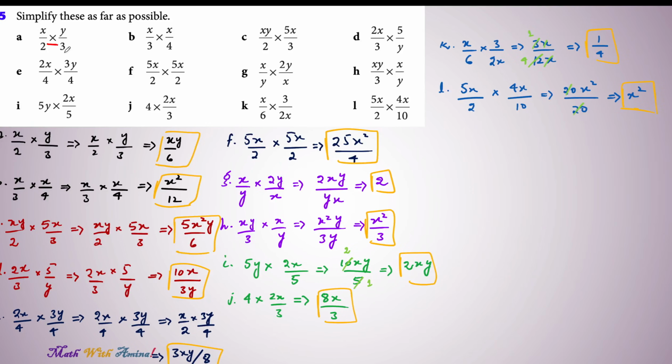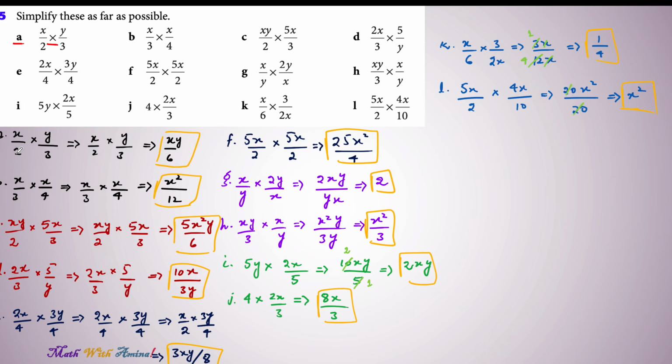So let's start with the first one, a, where we have x over 2 multiplied by y over 3. The very first step of multiplying the two fractions is we multiply the numerators. In the first fraction, the numerator is x, and the second fraction has a numerator of y. So x multiplied by y is equal to xy.